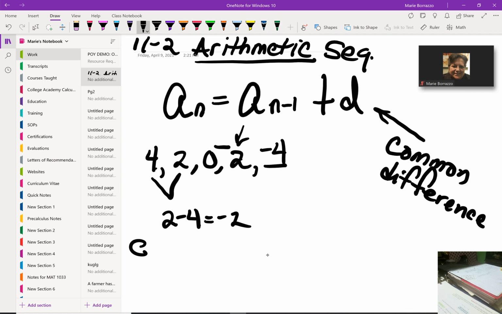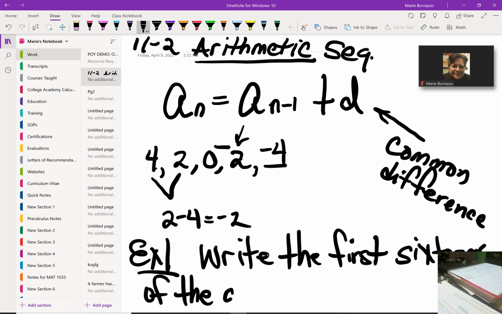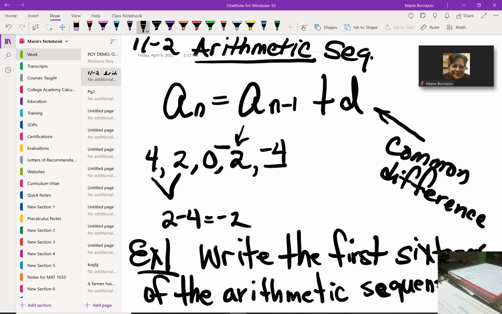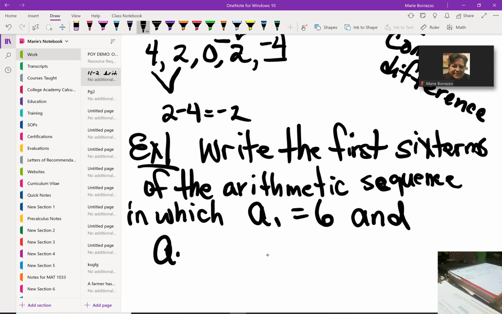If I'm looking at example 1, they're asking us to write the first 6 terms of the arithmetic sequence in which a sub 1 is equal to 6, and we're using the equation a sub n is equal to a sub n minus 1 minus 2.